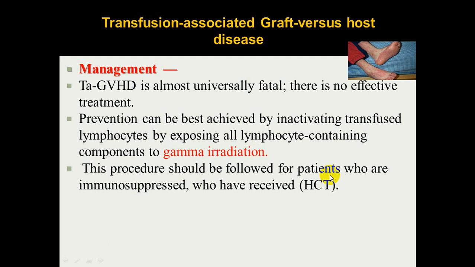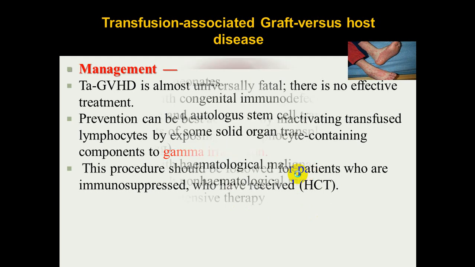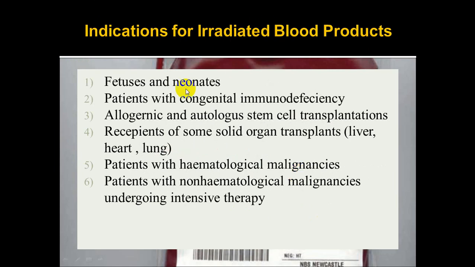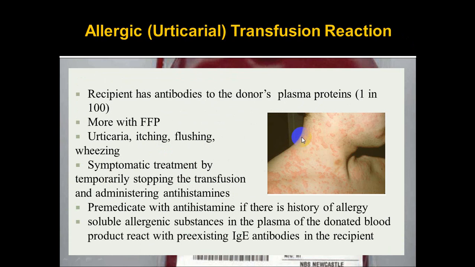This procedure should be followed for all immunocompromised patients and those patients who receive hematological cell transfusion or bone marrow transfusion. Indications for irradiated RBC: fetus and neonate, who have no immunity, patients with congenital immune deficiency, allogeneic and autologous bone marrow transplantation, recipients of solid organ transplantation, patients with hematological malignancies, and patients with non-hematological malignancies undergoing intensive chemotherapy.